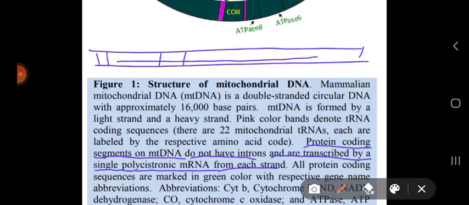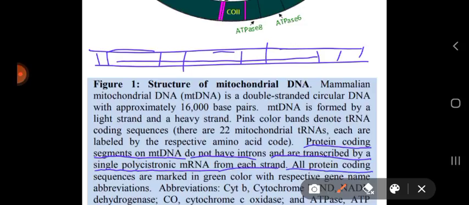They have one open reading frame, then the next open reading frame, then the next, which will code for particular proteins. Similarly, mitochondrial DNA does not have any interrupting sequences called introns, and is transcribed as polycistronic mRNA. That means there will be multiple cistrons, multiple coding sequences, multiple open reading frames, each coding for a particular protein.